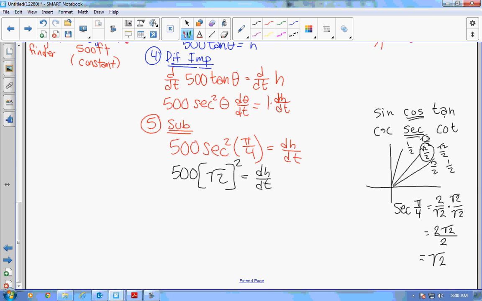I'm just trying to simplify. Okay, and root 2 squared is 2. So we have 500 times 2 equals dh/dt. So we get 1,000 equals dh/dt.